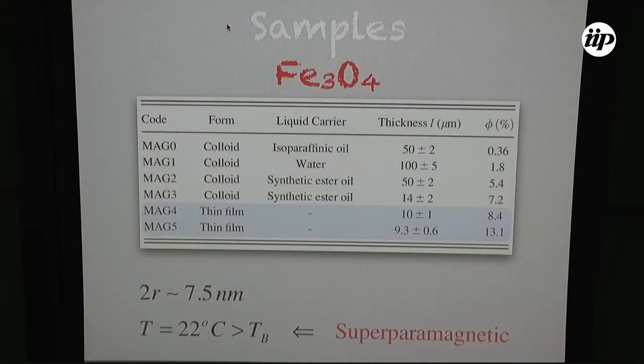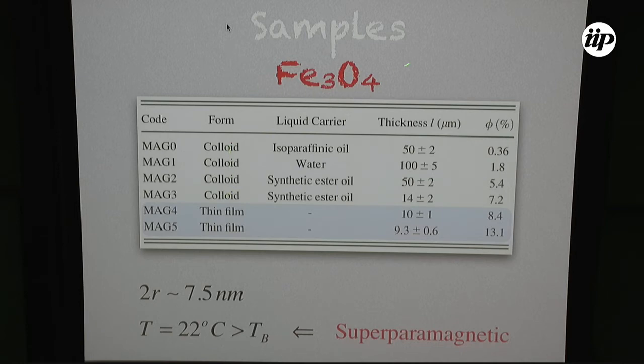Well, what will we investigate? We will investigate something very simple, which is basically magnetite nanoparticles, Fe3O4. Typical diameter is about 10 nanometers. At this temperature, they are in the superparamagnetic state, so the magnetic moments are not blocked. And we will investigate here 4 different colloids.